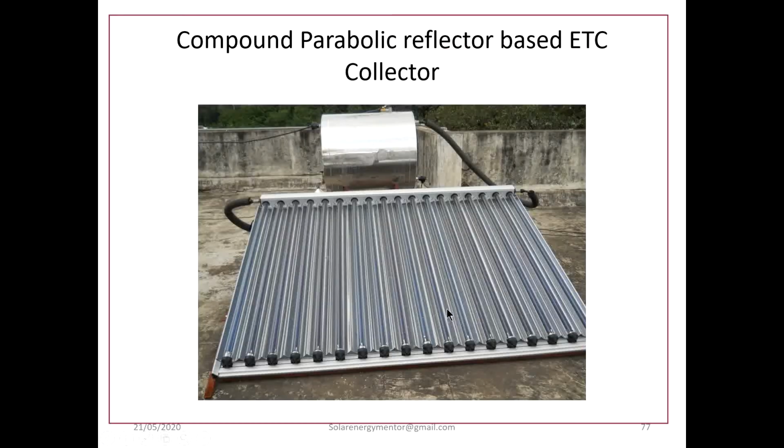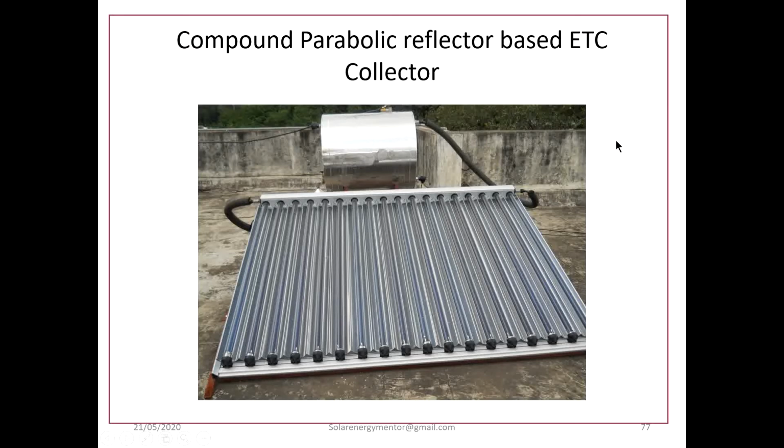So this is one practical installation of a compound parabolic reflector which was imported, in my lab. A compound parabolic reflector looks like a flat plate collector from a distance. You can see the tubes here, 1, 2, 3, 4, and many tubes. And this is a hot water tank.